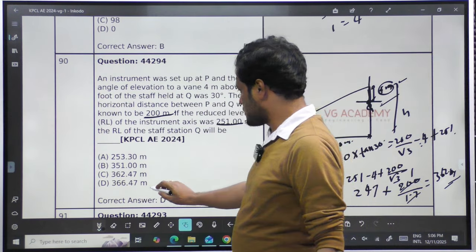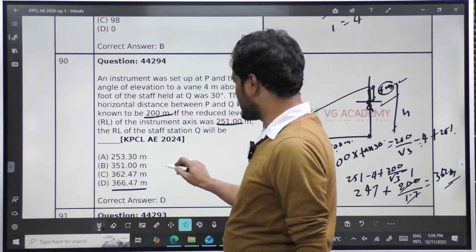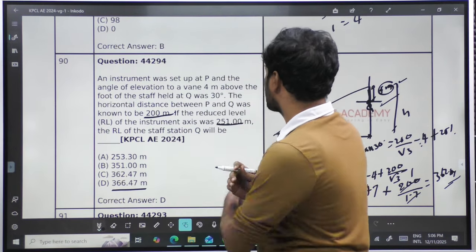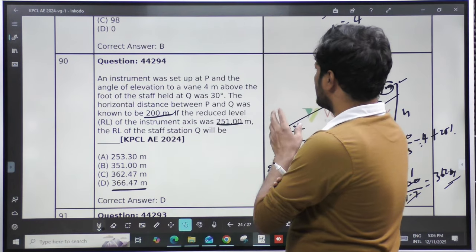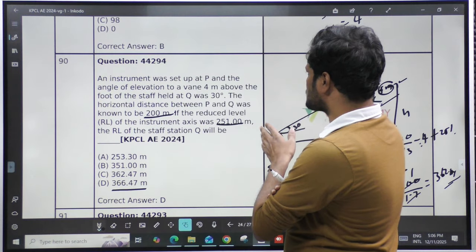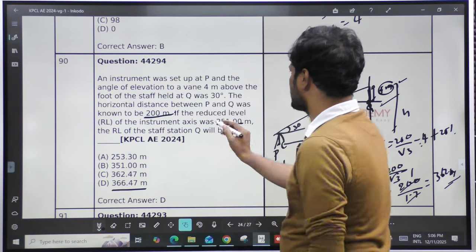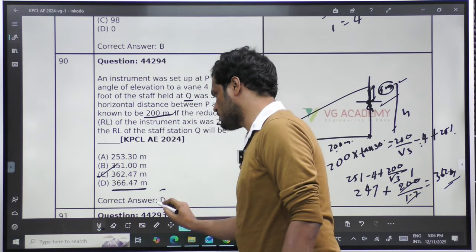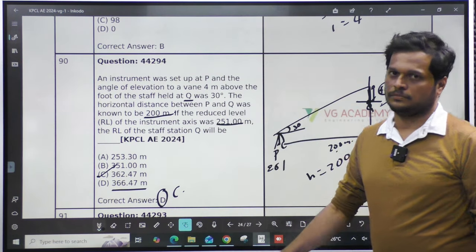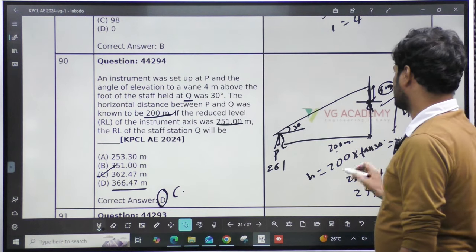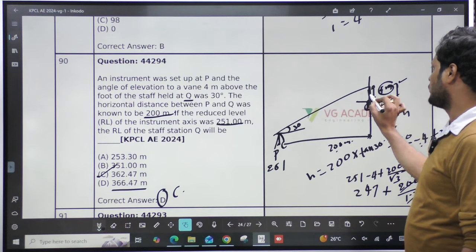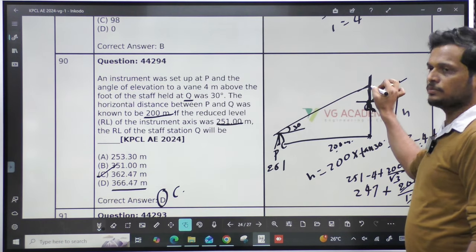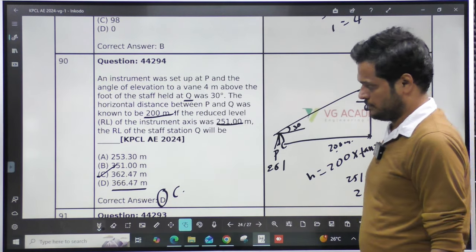But the key given is 366, which means that they are not subtracting that 4 meters. The vane is 4 meter above the foot, staff held at Q. So foot of staff held at Q means we have to reduce that. So option C should be the correct answer, because this is Q and 4 meter above the foot, this is the staff reading.